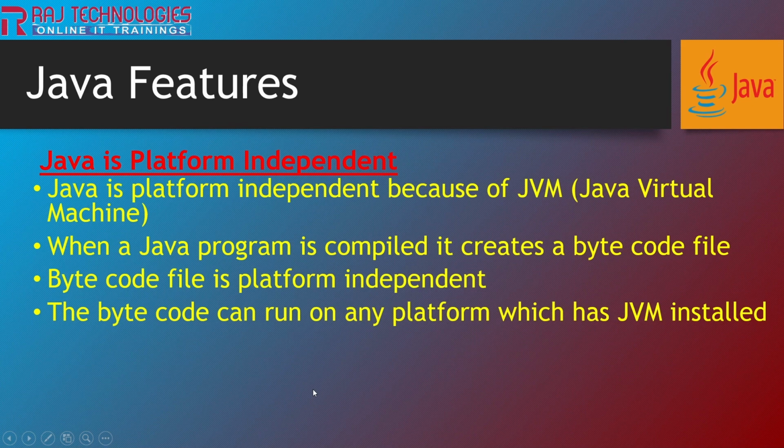So once you get this .class file, the bytecode file, if Java software, that is JVM, is installed on a particular operating system, then we can use that bytecode file there. It means if you compile a Java program on Windows, we can even run it on Linux or Mac, which has JVM installed, meaning Java should be installed to run our bytecode files. We'll discuss all this practically in the next videos.